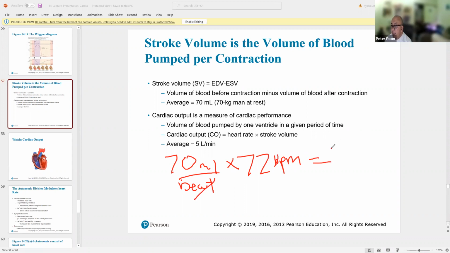So it is approximately, it's a little bit over 5, but 5 liters per minute, roughly. So 5.01 or something like that. That's very close. Okay, 5.